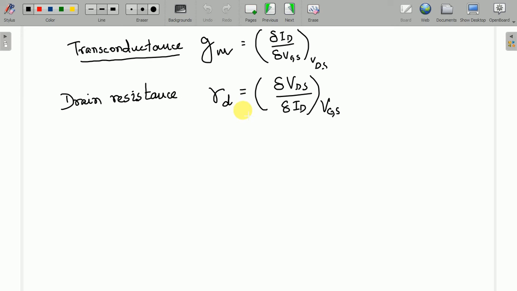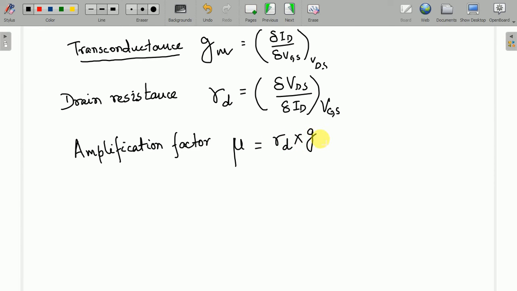And then the last parameter for the FET is called the amplification factor, denoted by mu, and this mu is equal to RD into GM.